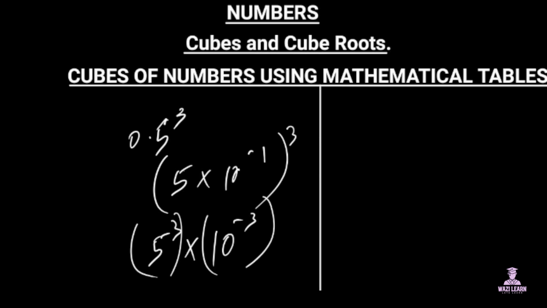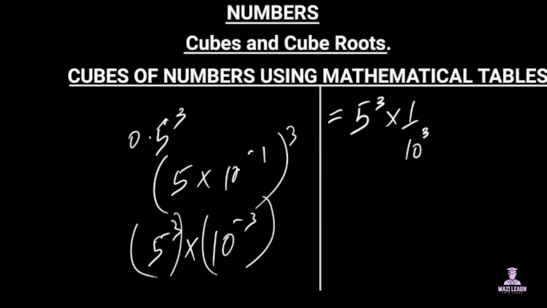To remove the negative, the 10 will go down, so this is the same as saying 5 cubed times 1 over 10 cubed. You find that when 10 goes in the denominator, the negative sign disappears.